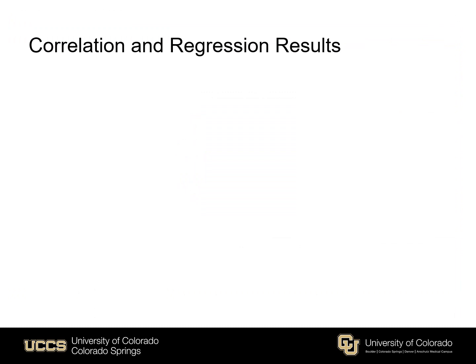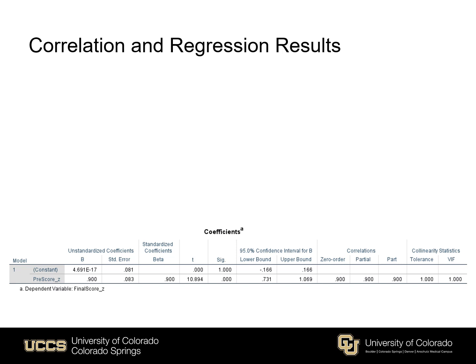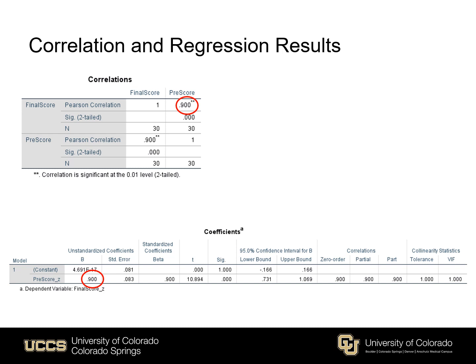Grabbing the coefficients table from the regression we just ran, we see that the unstandardized coefficient for pre-score is 0.900, which of course maps exactly onto the Pearson R correlation that we ran just a few minutes ago.